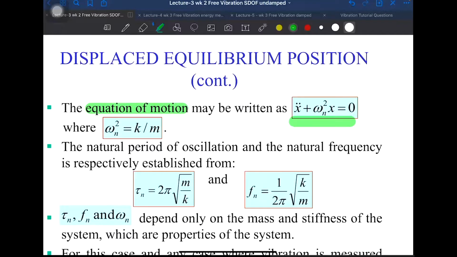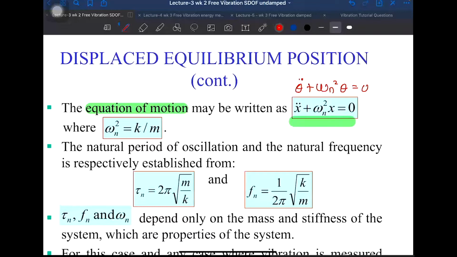Okay, for EOM, you can solve questions using X or using theta, depends. Same thing basically. So EOM can be either X double dot plus omega n squared X equals 0, or theta double dot plus omega n squared theta equals 0. Same thing, you'll get the same answer for omega n.